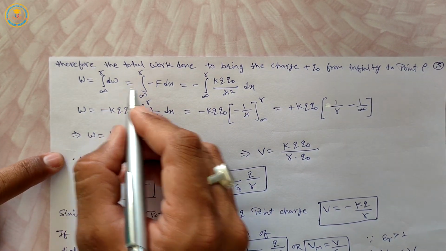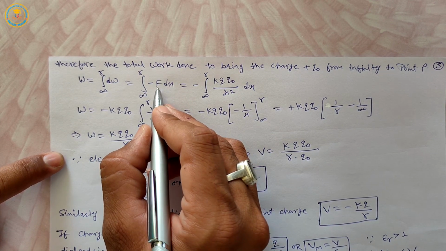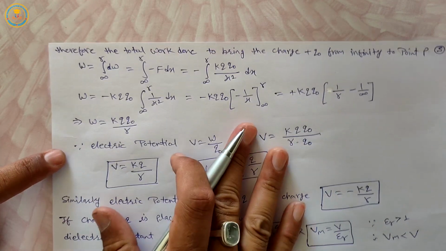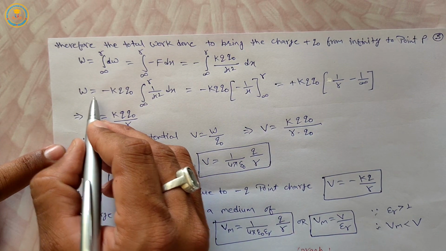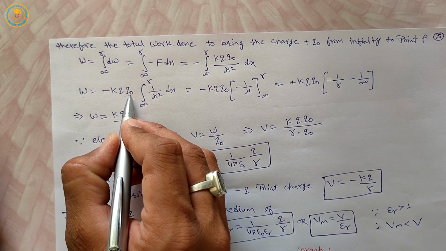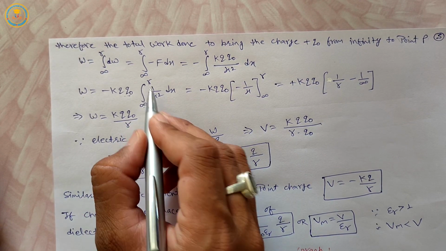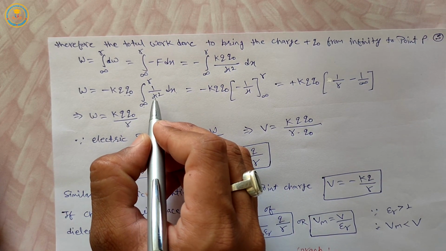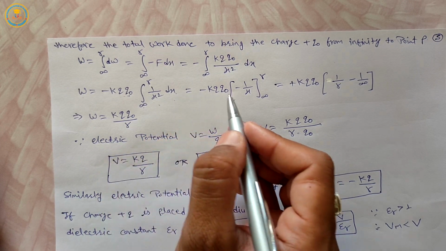Put the value of dW as minus F dx, and put the value of F as K Q Q naught upon x square, dx. K Q Q naught is a constant quantity. Then we can write W is equal to minus K Q Q naught integral from infinity to r of 1 upon x square dx. We know that the integration of 1 upon x square dx is equal to minus 1 upon x.